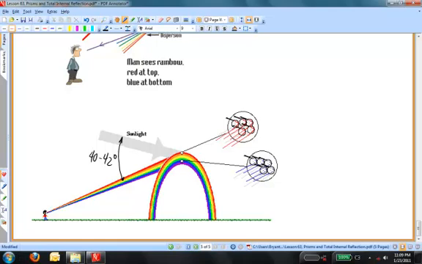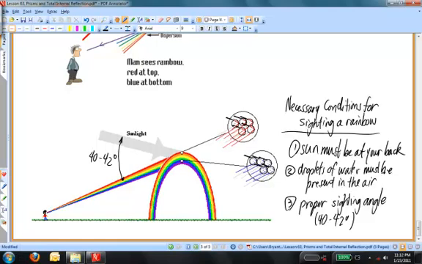One is that you have to have bright sunlight at your back. Two, you've got to have suspended droplets of water in the air. And three, you have to have the proper sighting angle. And if those three things come together, then you have the opportunity to view one of nature's most splendid masterpieces.